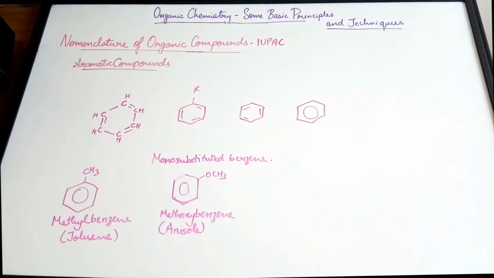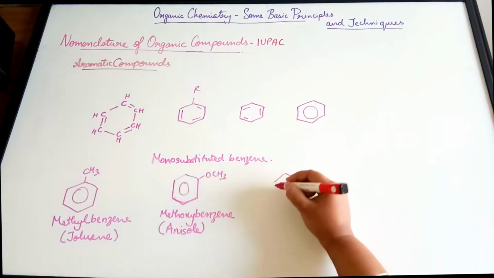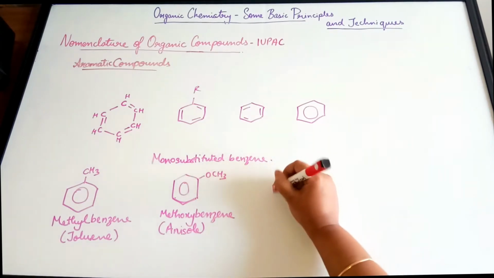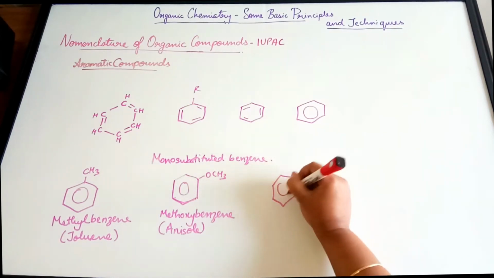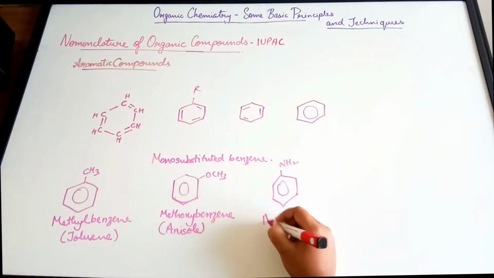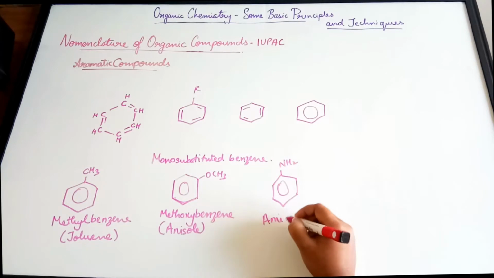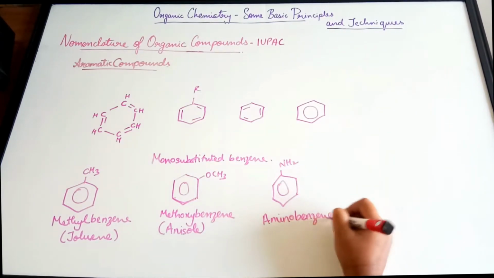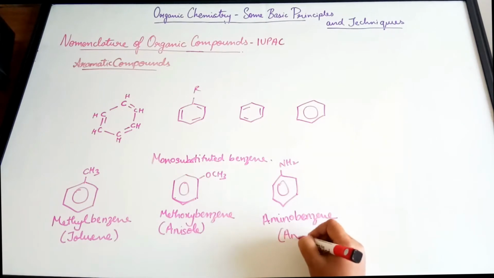Next, you have NH2, which is basically an amine group. So it is aminobenzene, or it's called aniline.